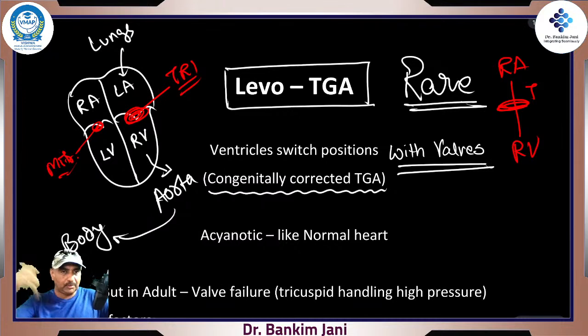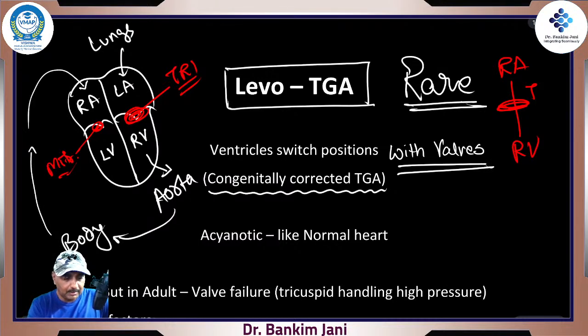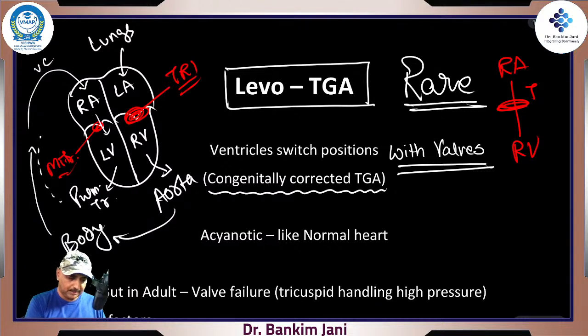From the body, it will use it, and then it will come back through the vena cava. From here it will come into the left ventricle, and from the left ventricle it will go into the pulmonary trunk, and from the pulmonary trunk into the lungs, right? It will go into the lungs and the circulation goes on.